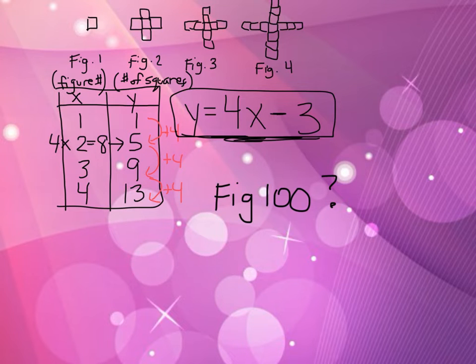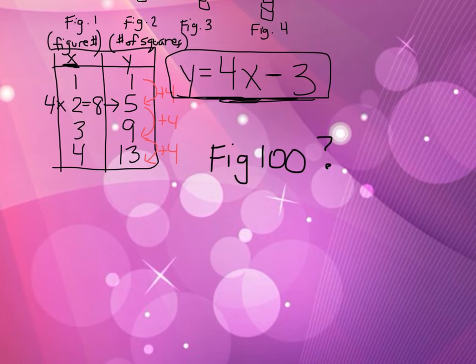Well, we know that figure 100, we're talking about the figure number, which is represented by our x value. What that means is in this equation, y equals 4x minus 3, what we basically need to do is rewrite the equation, except we're going to replace the variable with 100. And we know we're replacing the x variable because that's what the figure number is represented by.